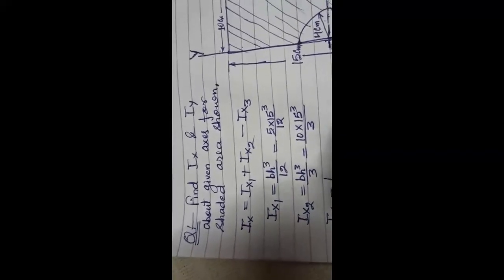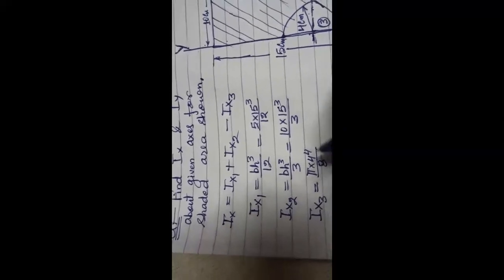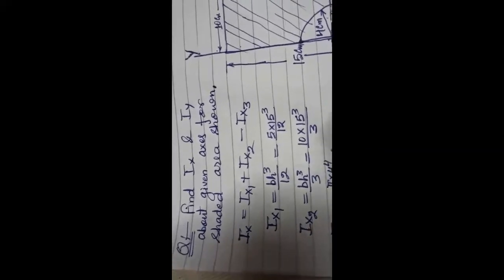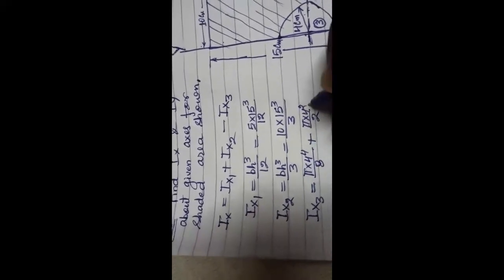So this is equal to pi r to the power 4 upon 8 about this axis, plus area pi r square by 2 into the gap whole square. This gap is equal to r.